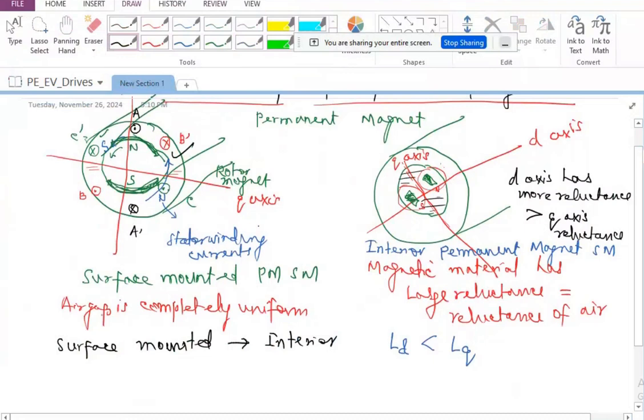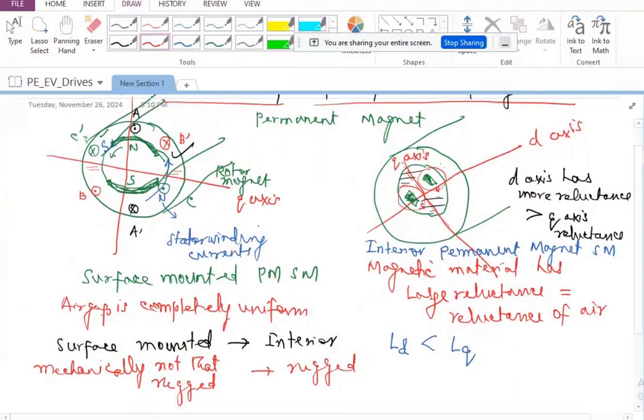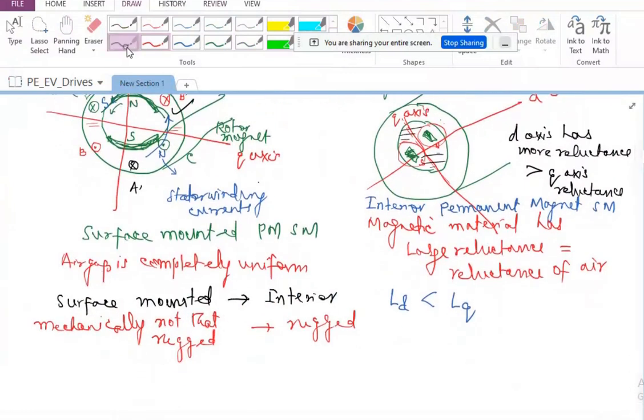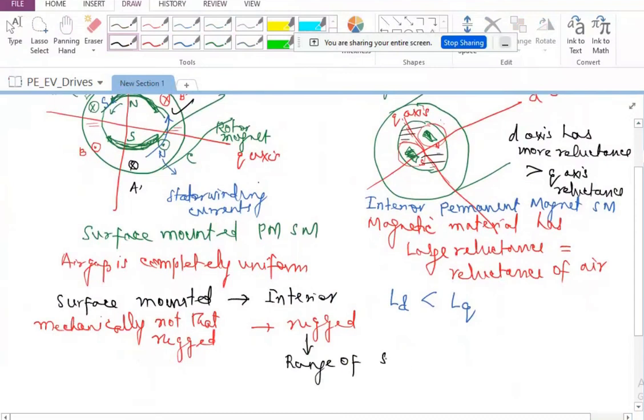It can be really detrimental to the machine. So this is mechanically not that rugged, whereas the interior permanent magnet machine is generally very stable and rugged. Because of this, the speed range of the interior permanent magnet machine can be very high.